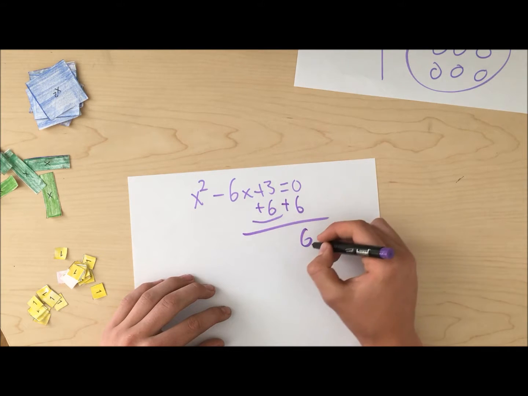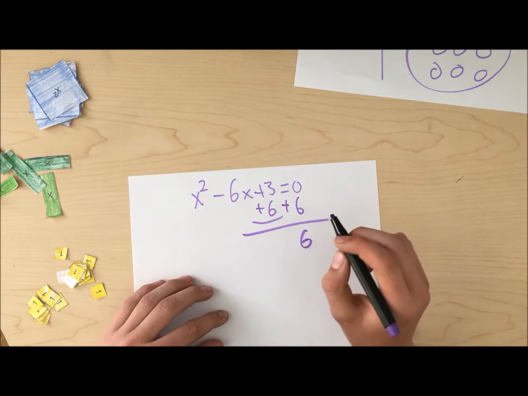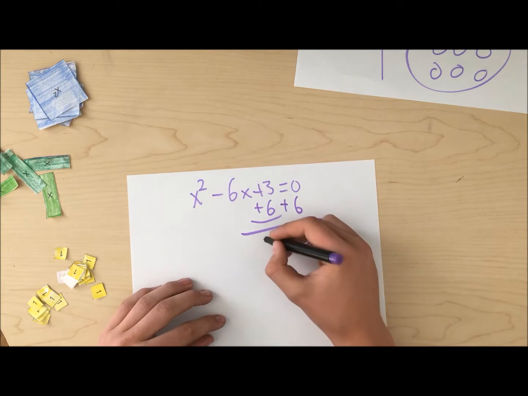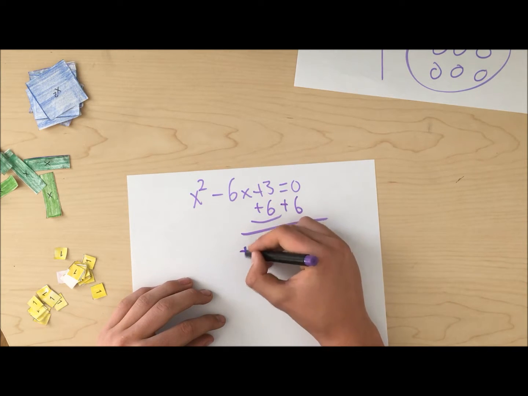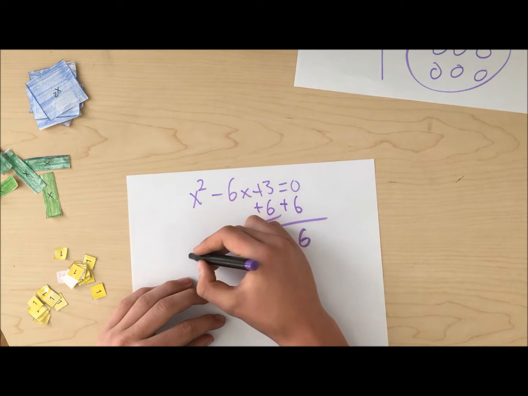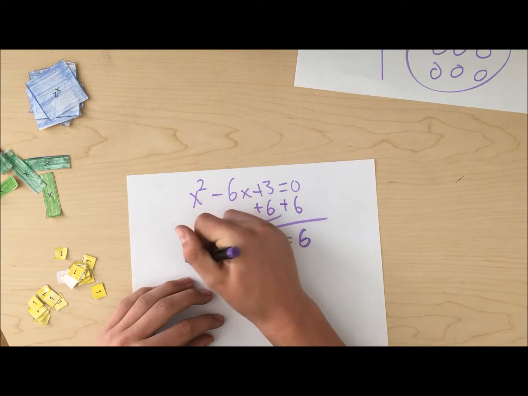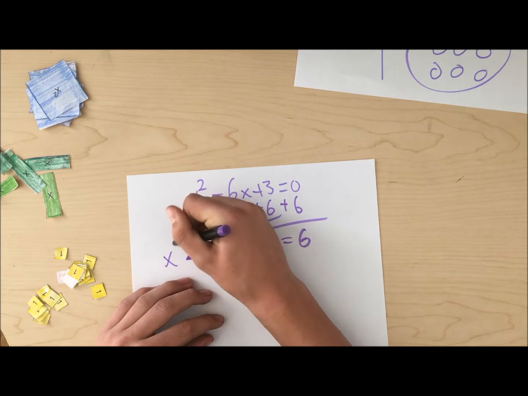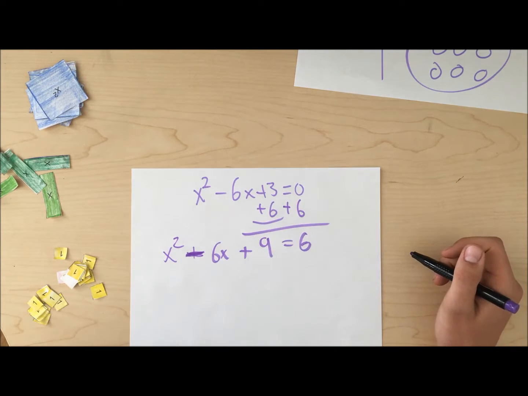Which ends up being 6 equals 9 plus 6x. x squared. So now you have to factor it.